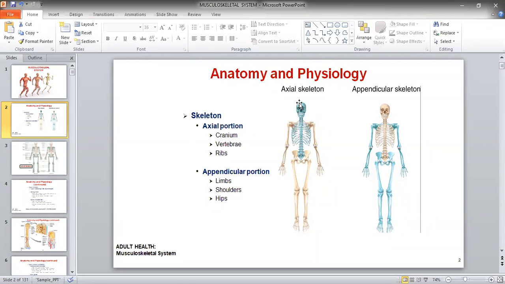Axial means the longitudinal one, made by the cranium, the vertebra, and ribs. The appendicular portion is made by the limbs, shoulder, and hip. So these all are part of the skeletal system.